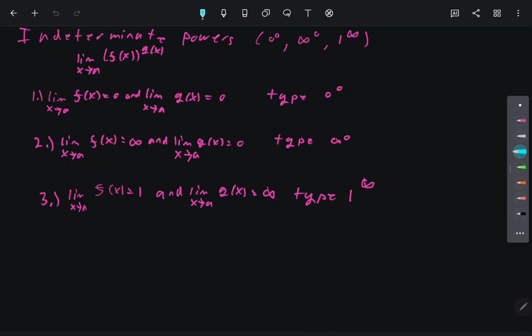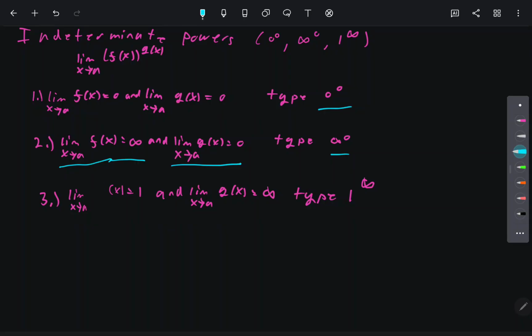So, in these cases, the first case is going to occur when the limit as x approaches a of f of x is equal to 0, and the limit as x approaches a of g of x is equal to 0. And that will be a type 0 to the power of 0. If the limit as x approaches a of f of x is equal to infinity, and the limit as x approaches a of g of x is equal to 0, we get infinity to the power of 0.